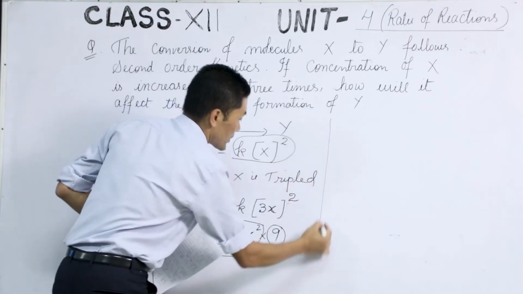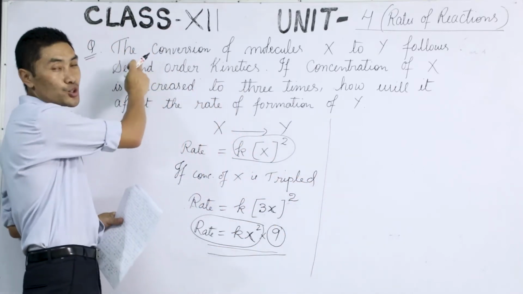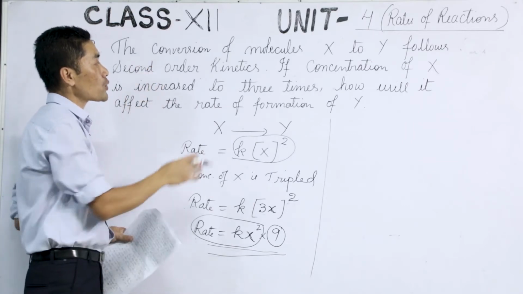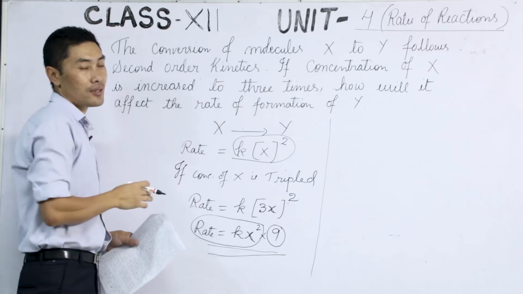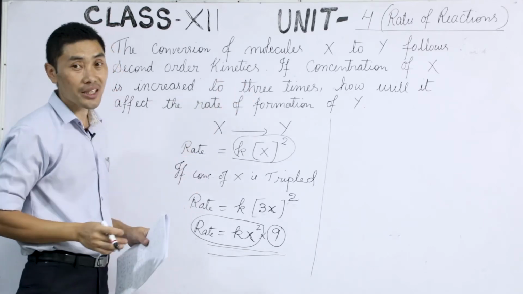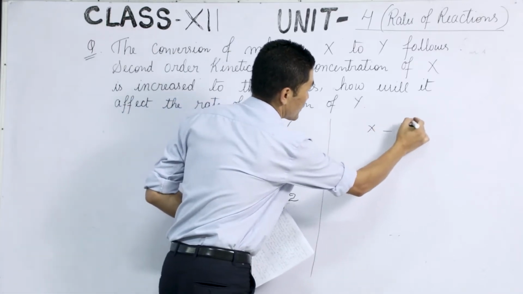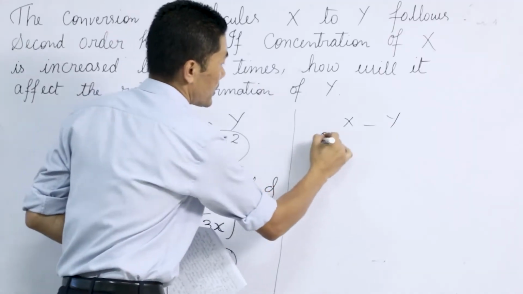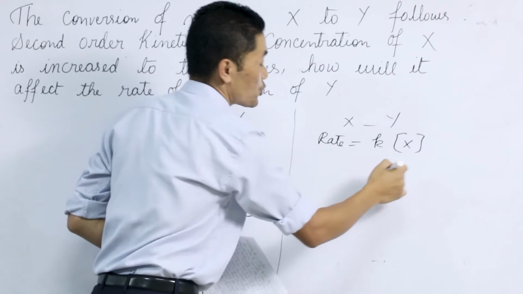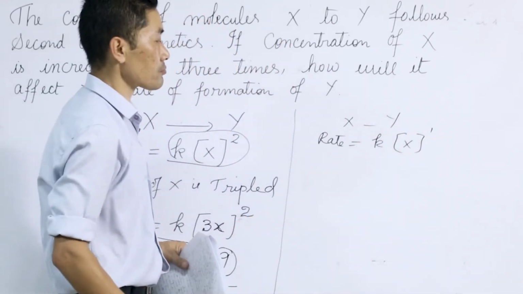Now, just suppose this is a first order reaction, not a second order reaction. Then what will happen to the rate of the reaction if concentration of X is increased 3 times again? Once again, we have X turning to Y. Rate will be given by K into concentration of X raised to power 1 if it is a first order reaction.